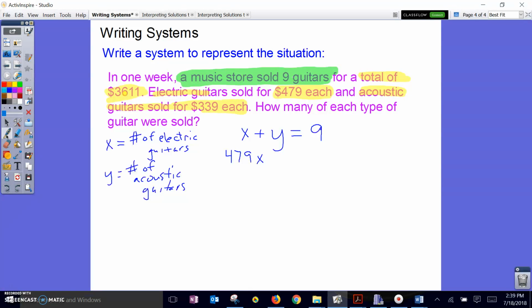So if we take 339 times the number of acoustic guitars, that gives us how much money we make from the acoustic guitars. We take the money we make from the electric plus the money we make from the acoustic. That gives us the total amount of money that we make. And there's our system that we could solve in order to answer this question.